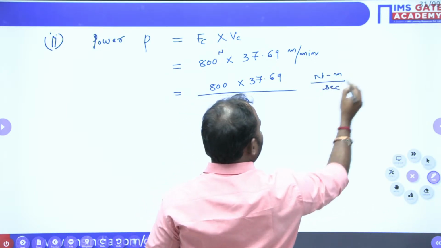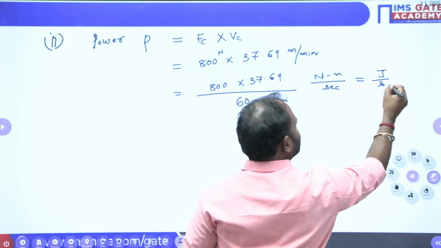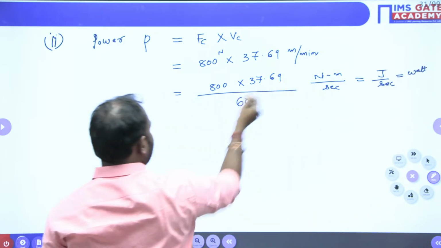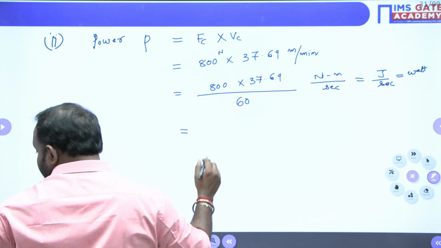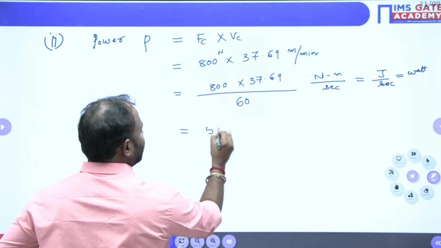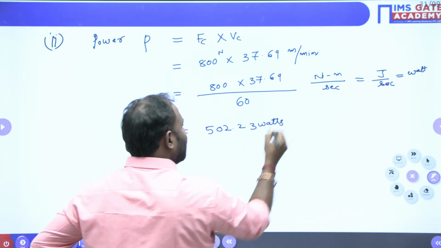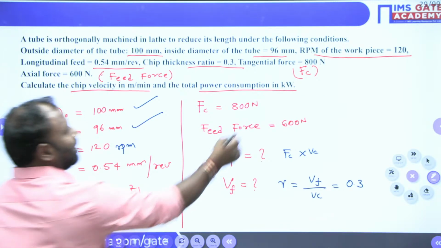Such that it is going to be joule per second, and joule per second I can write as watts. Now if I do that, I am going to get units in watts, that is 502.23 watts. But in the problem they ask you to calculate that power in kilowatts.